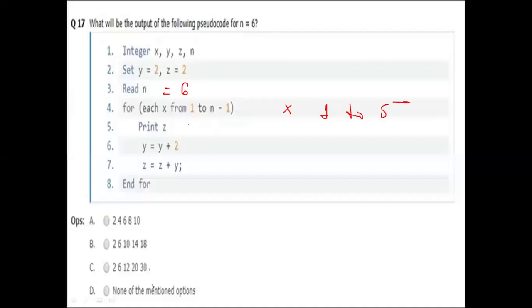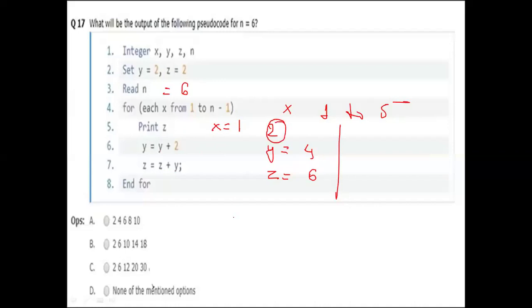Print z. Z value is 2 initially. 2 will be printed. Y equal to y plus 2. So y was 2, y will be 4. And z equal to z plus y. So z was 2, correct? Y is 4 now. So 4 plus 2, z will be 6. Done. This is when x was 1.